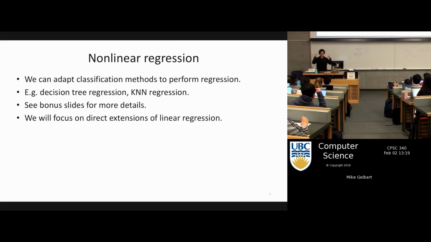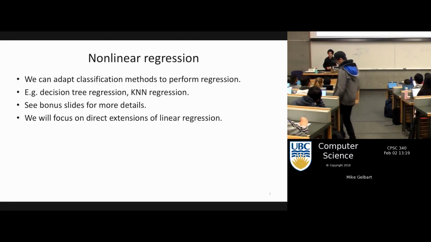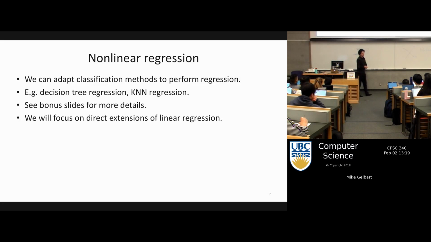So at each point, instead of looking at the k nearest neighbors and voting, you look at the k nearest neighbors and then you average the results, and that is your prediction because they're numbers now. So there is a bunch of this stuff, and I just want to tell you that it exists and that we don't have time to really go into it because we cover so much in this course, and that you can check out the bonus slides if you want to see more about that.